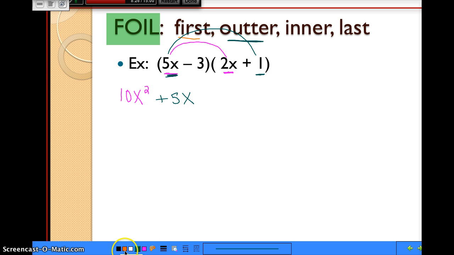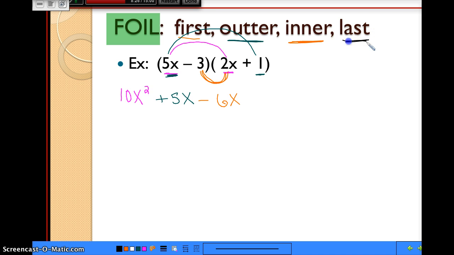Then we have the inners. If these guys are on the outside, then these guys would be on the inside. And negative 3 times 2x is negative 6x.